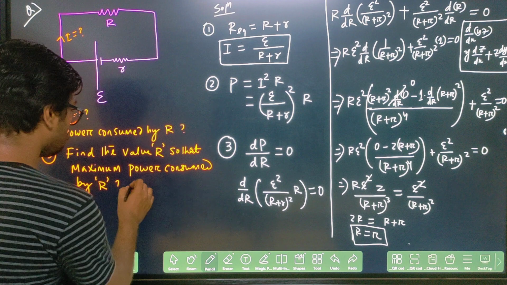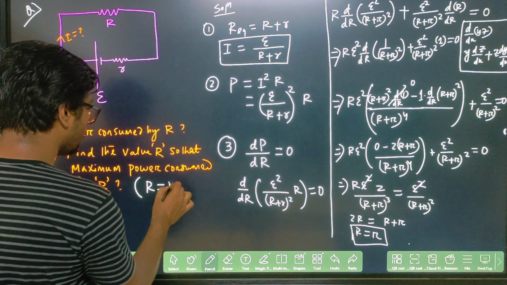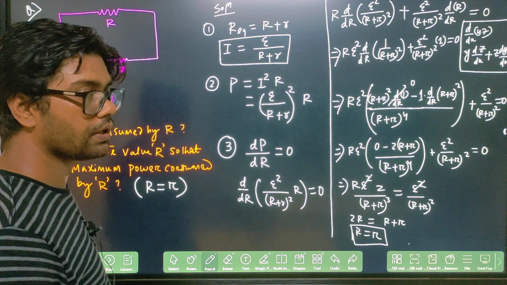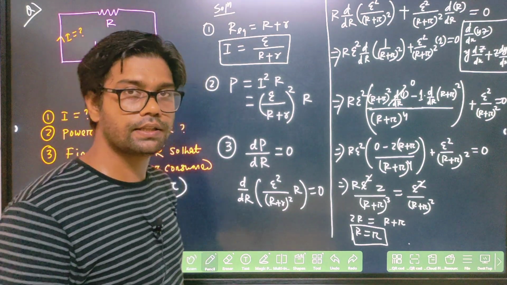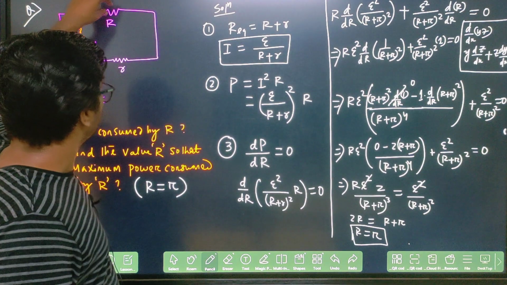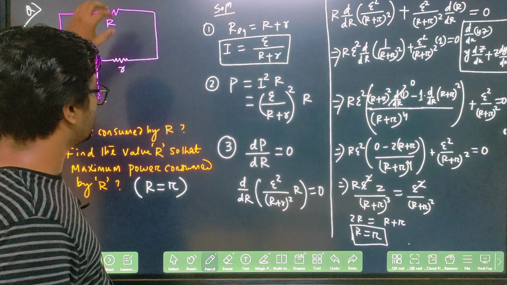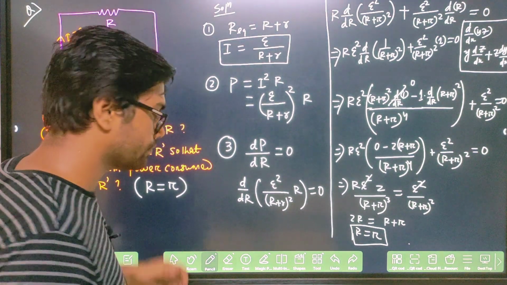So when will the power consumed be maximum? When capital R equals small r, then only the power consumed by this resistor capital R will be maximum, right?